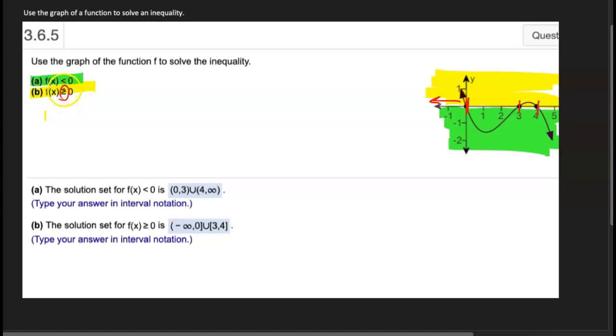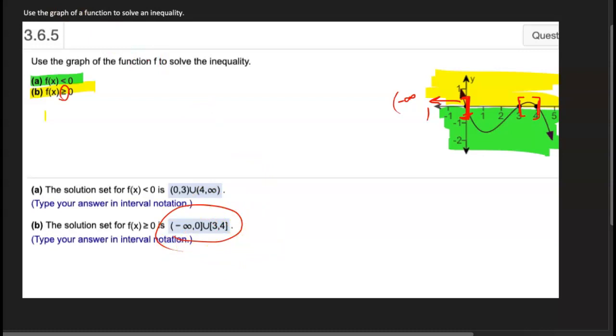It's a greater than or equal to, so it's including the endpoint. So I actually want to have square brackets on this one. So I'm going to include this square bracket from negative infinity to that square bracket, and then this 3 to 4 as well. And so that's where you see this solution come from.